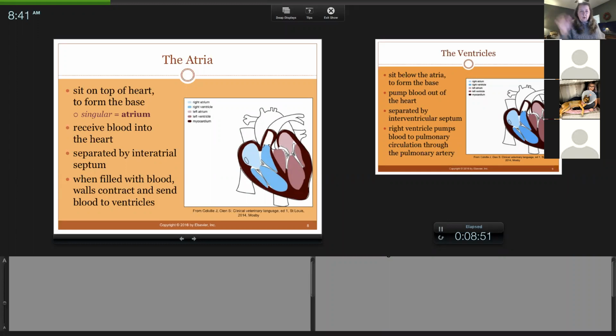Okay, which one of those arteries carries oxygenated blood? I'm skipping around a bit. Yes. Oh, look at all you guys. Yay. The aorta is oxygenated blood. And remember, I told you arteries always carry oxygenated blood, except the pulmonary artery.